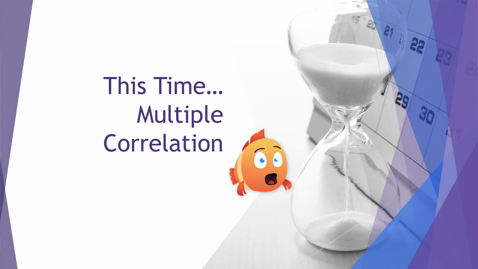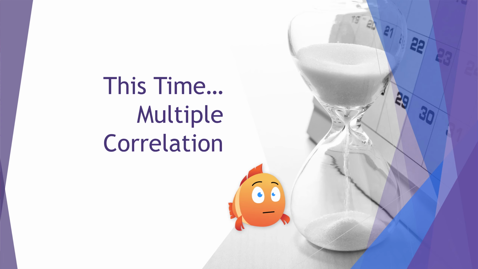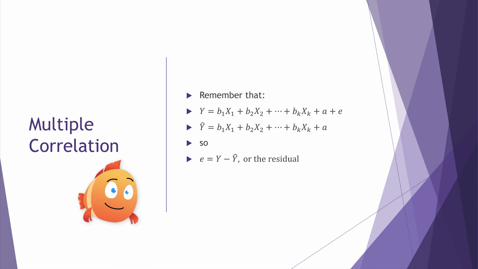This time we're going to talk about multiple correlation. Remember that for a regression, y equals beta 1 x1 plus beta 2 x2, etc., beta k xk plus a plus e.